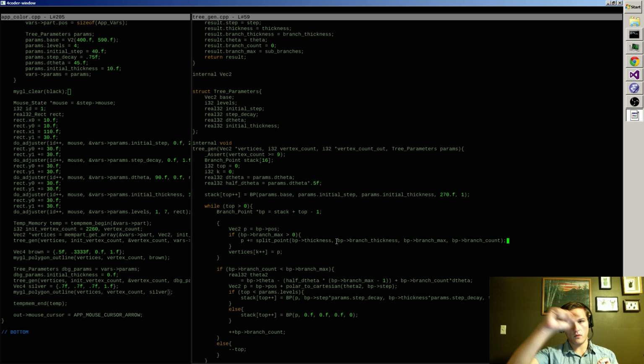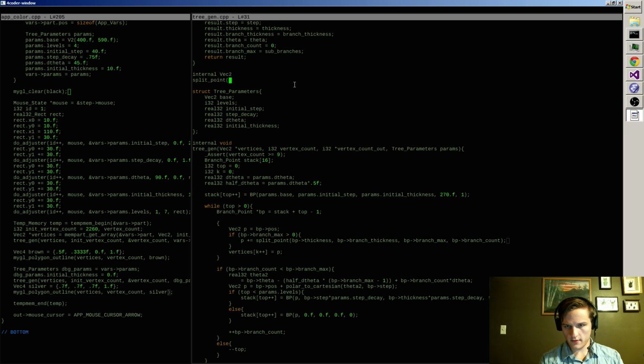So there's 1, 2, 3, 4, 1, 2, 3. So if you have a branch count of 2, for example, 0, 1, and 2 are the counts you put in there. So there's actually 3 points you get out of 2 branches. Okay.